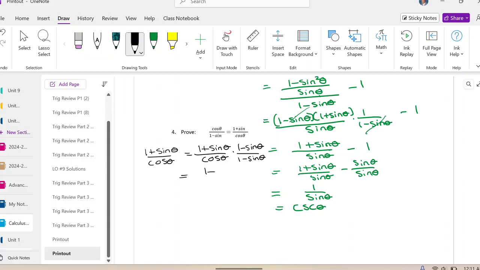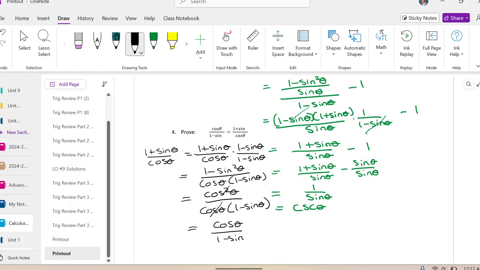So you get 1 minus sine squared over cosine theta times 1 minus sine theta. 1 minus sine squared is the cosine squared. And then notice 1 cosine cancels. So it's cosine over 1 minus sine. There you go.